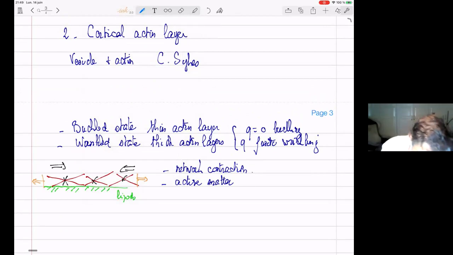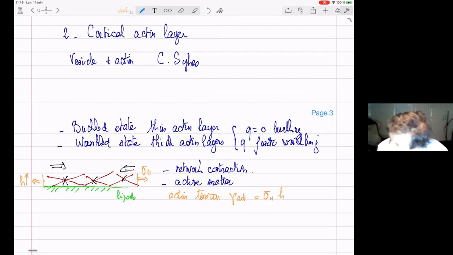So there is a parallel stress here, which is positive. Now the surface tension is just the integral of the stress in the layer over the thickness of the layer. So the actin tension, gamma actin, is just this stress sigma parallel times the thickness h of the layer.